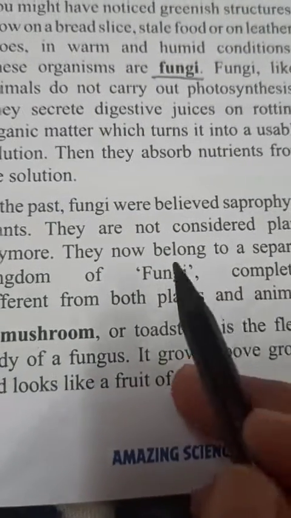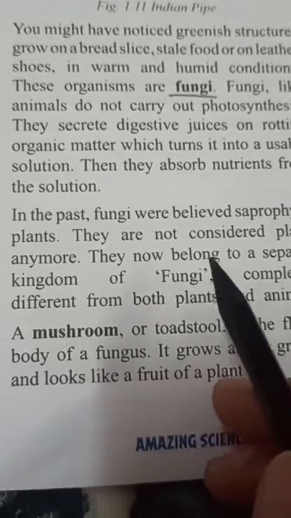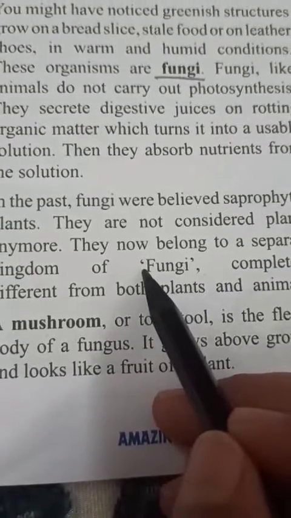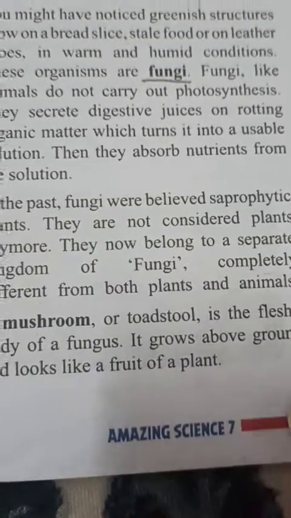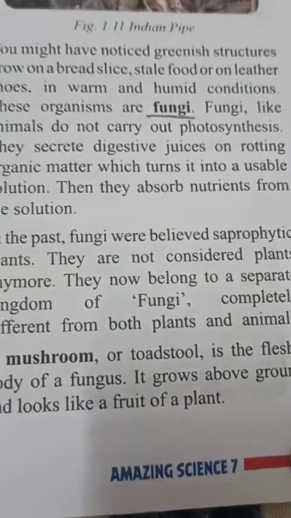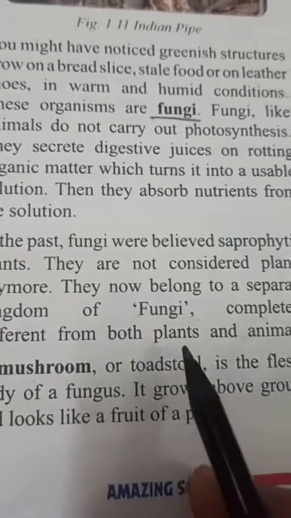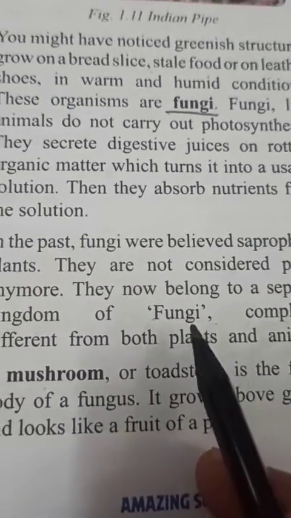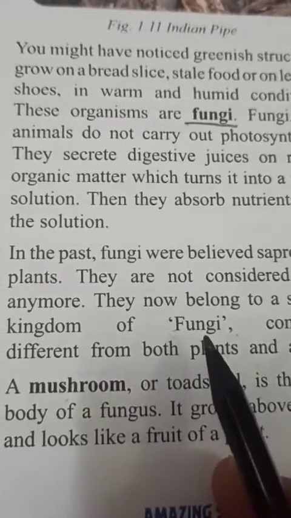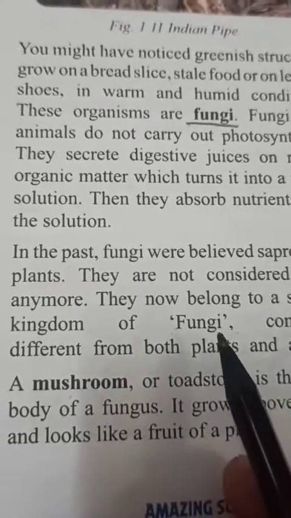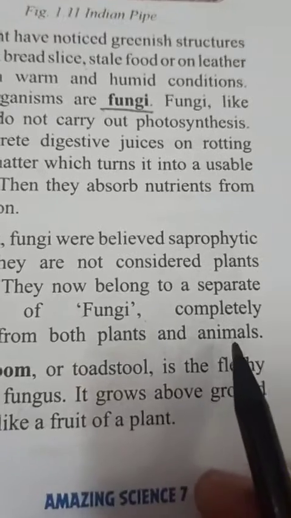Means previously scientists they kept the fungi under the plant kingdom, but now they came to know that fungi is a separate kind of individuals. Their characteristics neither match with the plants nor with the animals.